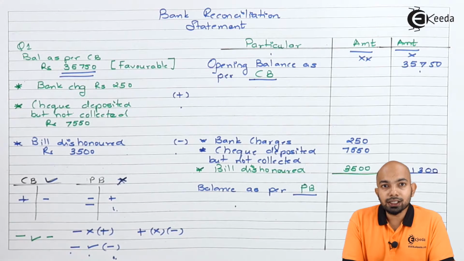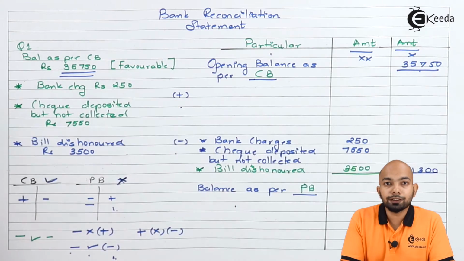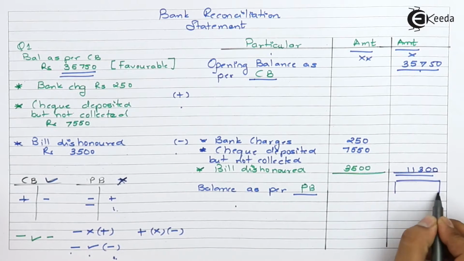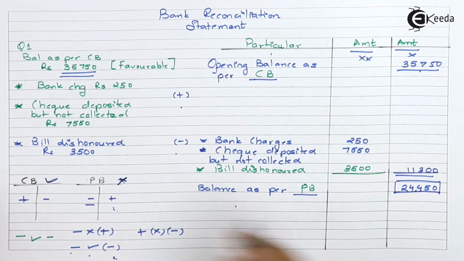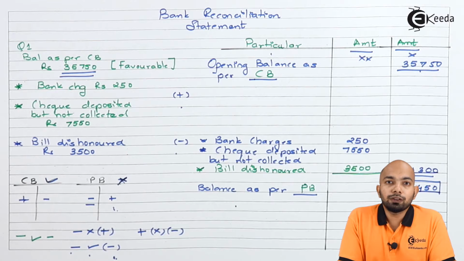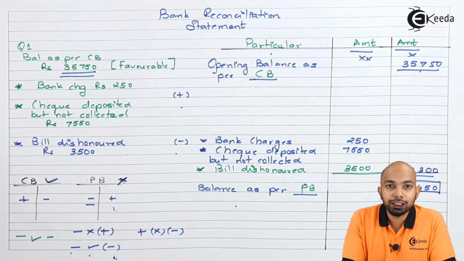As per the favorable balance, we have the favorable balance as per cash book, which is 35,750, of which we'll be subtracting a total of 11,300 here. So the balance as per the passbook will be 24,450. If the opening balance as per the cash book is 35,750, the closing balance as per the passbook will be 24,450.